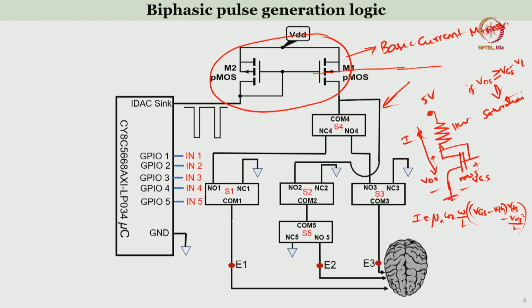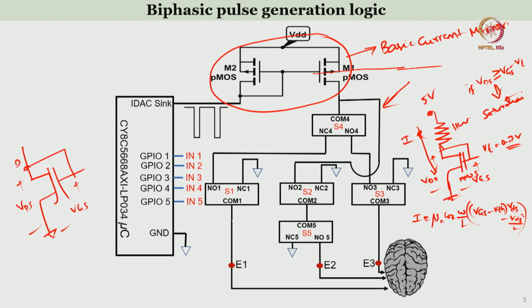Now, let us see whether this particular configuration is in saturation mode or not, okay. Let us say Vt of this transistor is typically 0.7 volt, right. Now, if you look at it carefully, I am just enlarging this. This is VGS, this is the voltage between drain and source, correct.